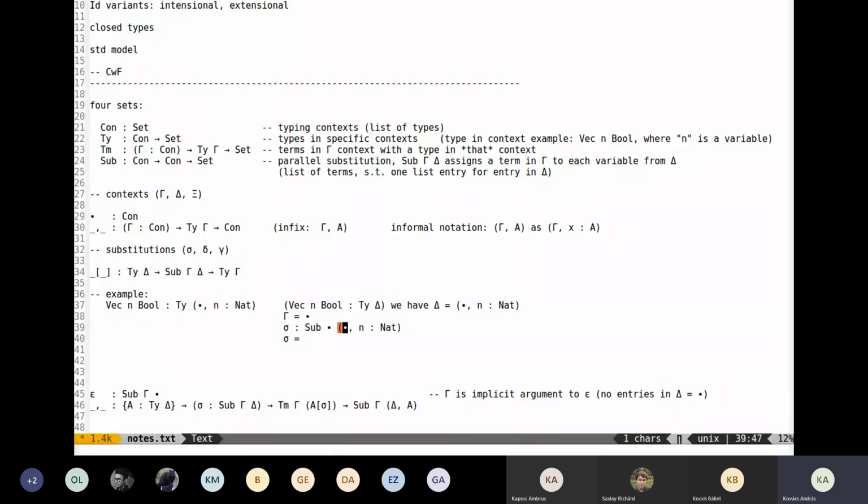So the substitution goes into a typing context which has length 1. So this is also a list which has length 1. So we start with epsilon and then we extend it on the right with a single term, and I can write down like a suc0.